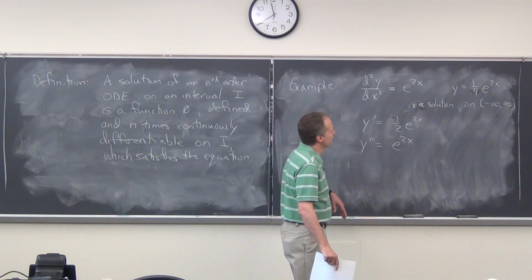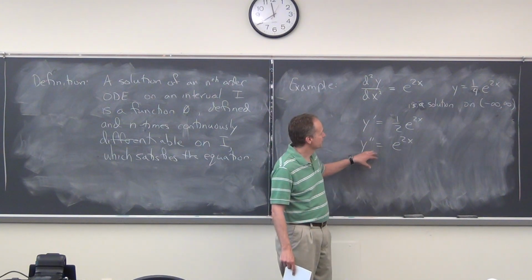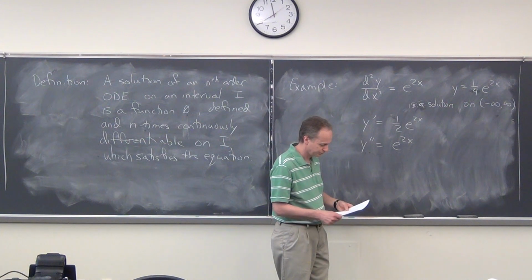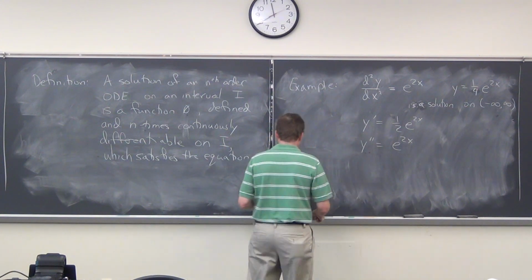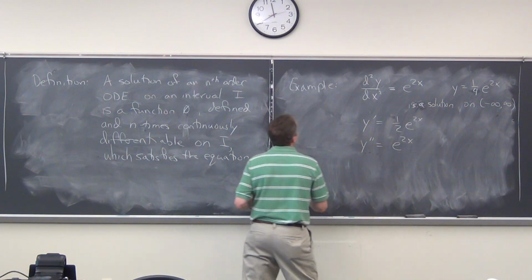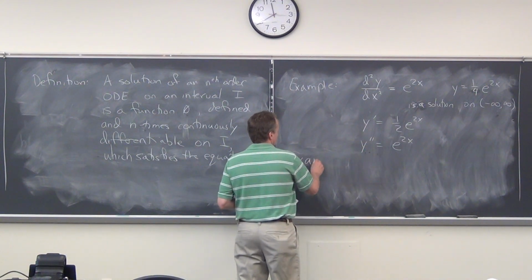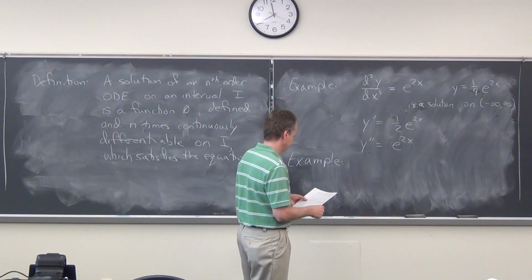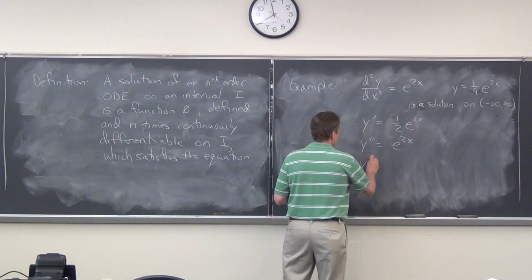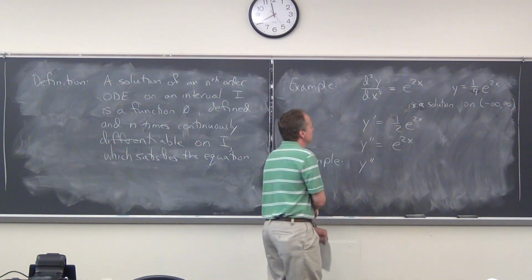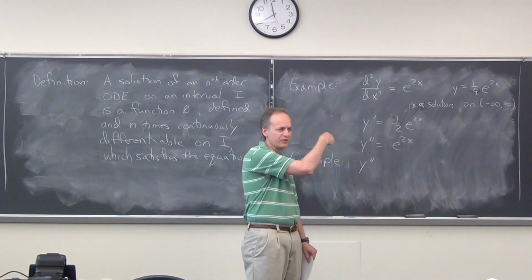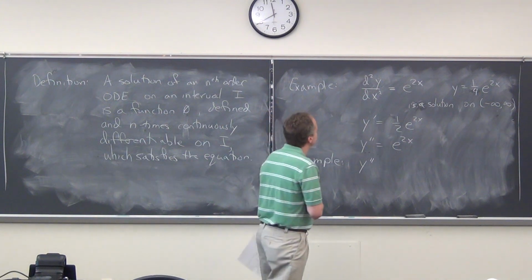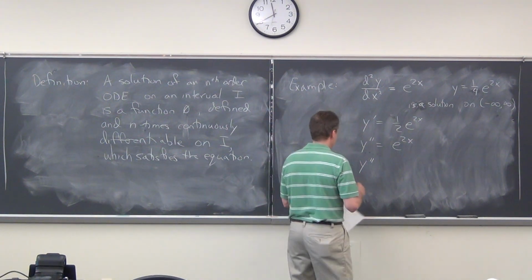And there's no reason to expect that this isn't a solution on that entire interval. By the way, this is one where maybe you could have come up with a solution without too much effort, right? Just by integrating it a couple times, choosing your constant to be 0 every time.